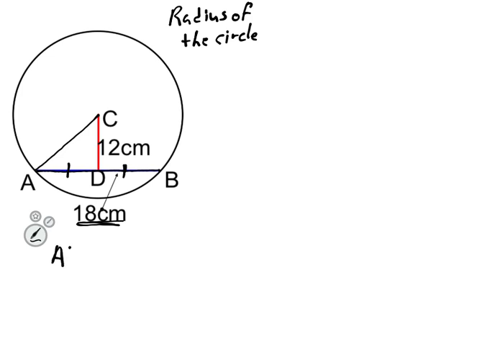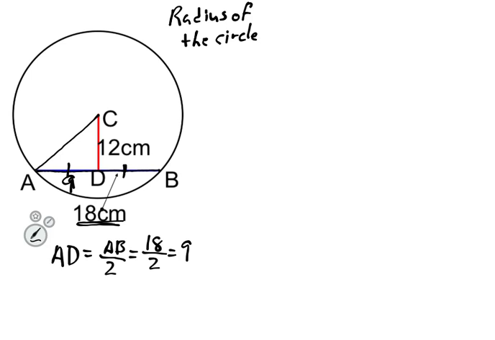Therefore, the length of AD must be equal to half of the length of AB, or AB divided by 2. So this length AD along here, where I'm drawing the squiggles, will actually be equal to 18 divided by 2, which is just 9 centimeters. So I can label this side here as 9.